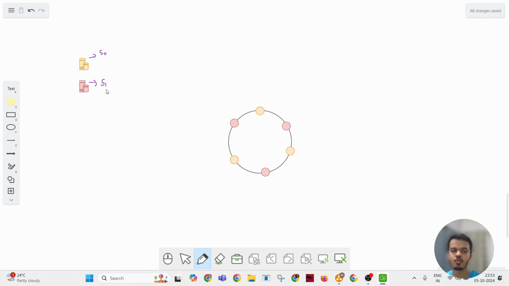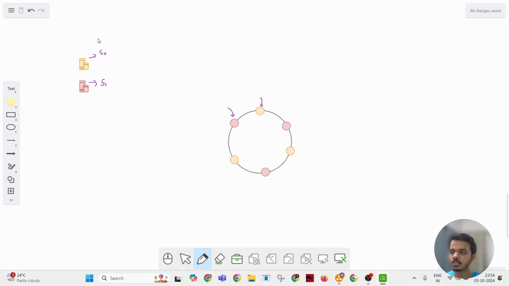We will assign virtual nodes along the ring for both these servers. All the nodes in yellow color are virtual nodes corresponding to S0, and all the nodes in red color are virtual nodes corresponding to S1. There is no partition. On the complete ring we'll assign virtual nodes for each server.